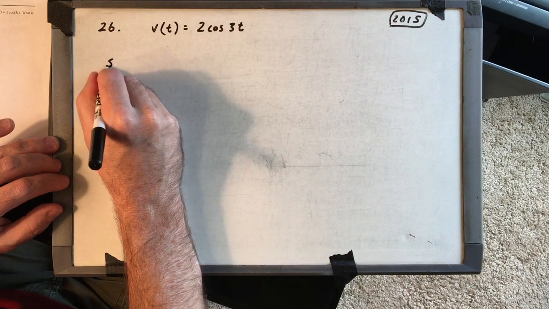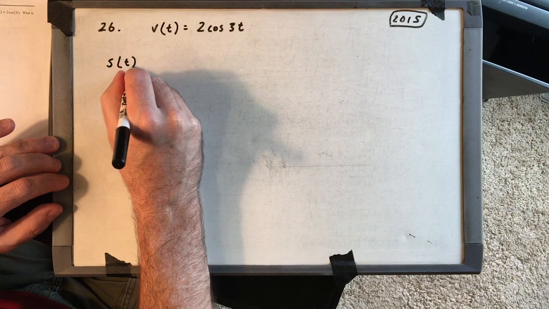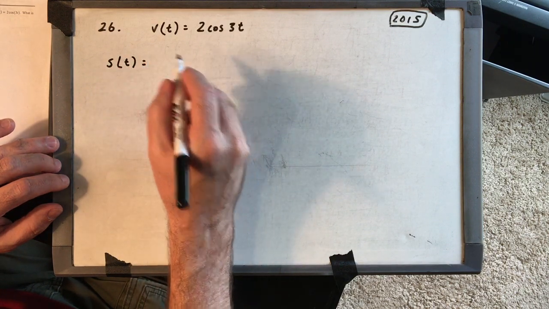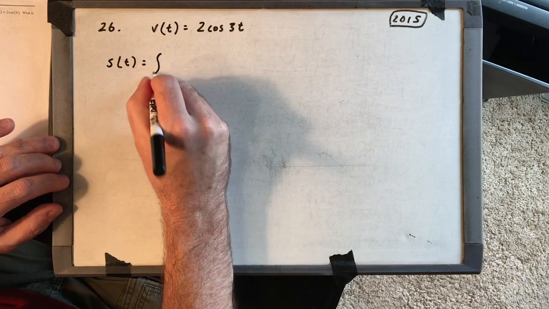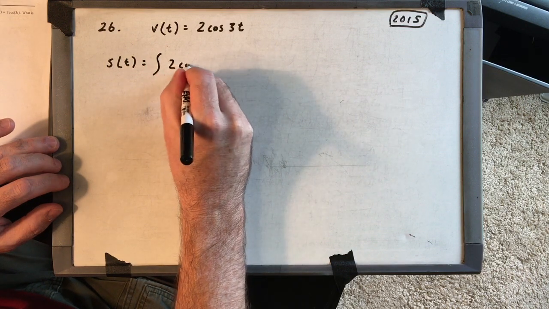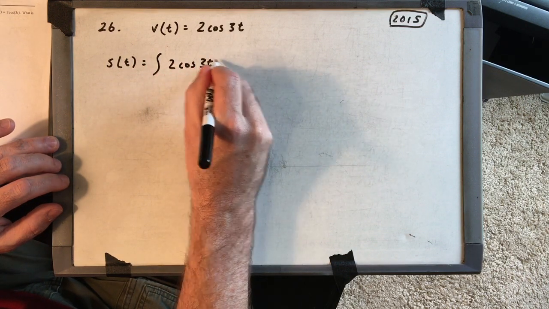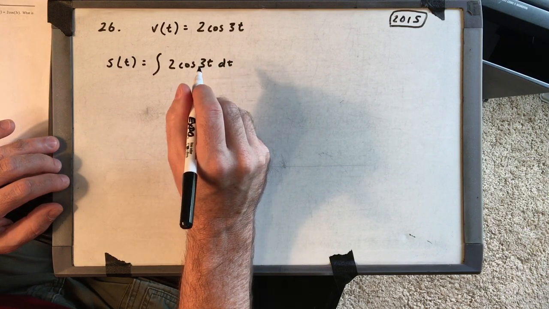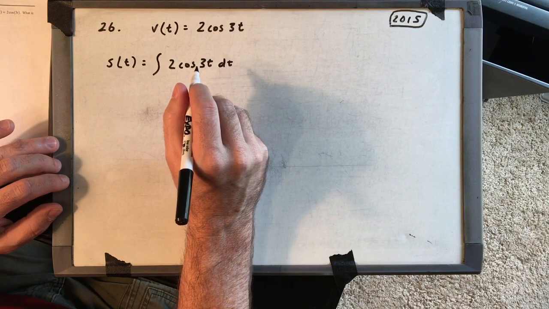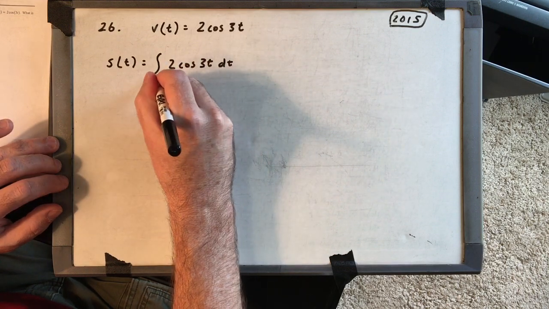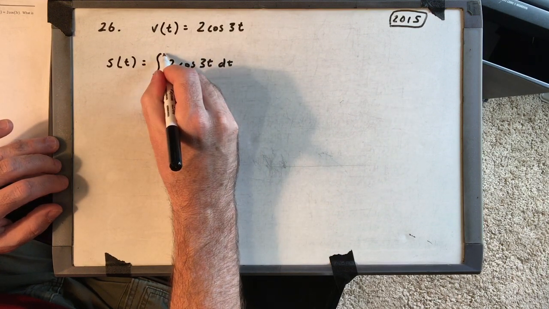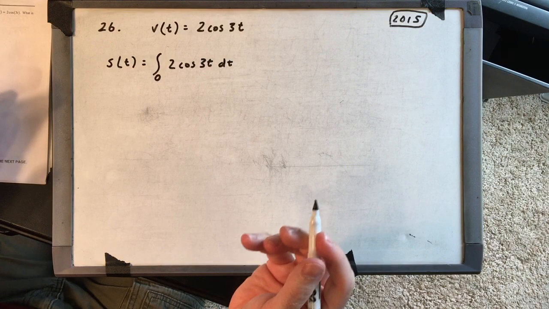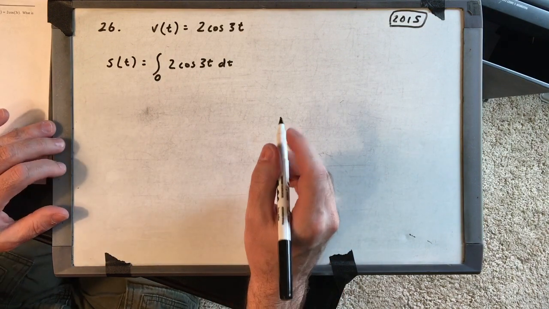So to get the distance, we need to get s of t, and the way you're going to get that is by integrating 2 cosine 3t. All right, and you're going to integrate that. Let's say it starts at 0, and you're going to integrate it to some point, and that point is where does it change direction? We've got to figure that out.